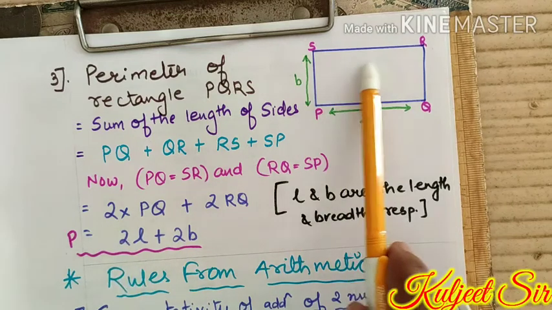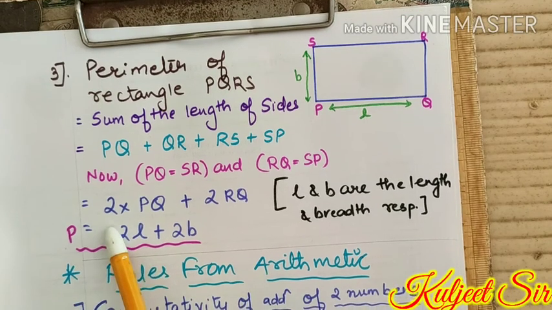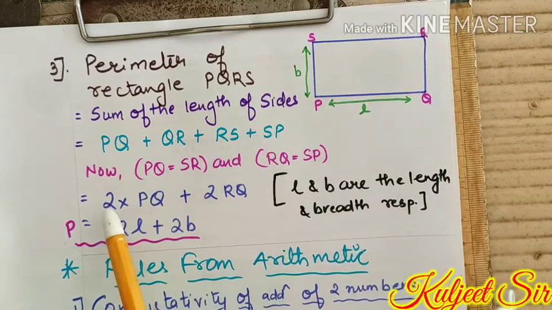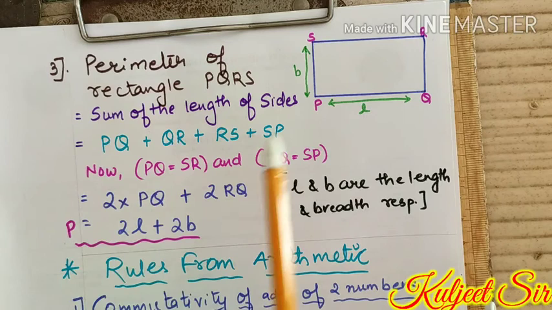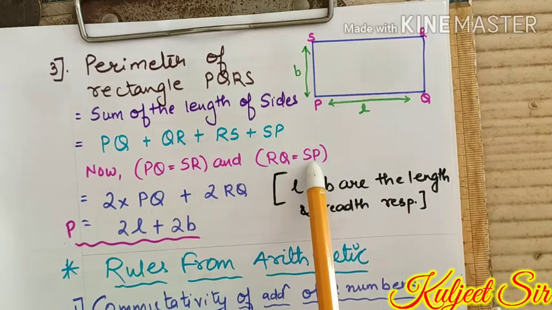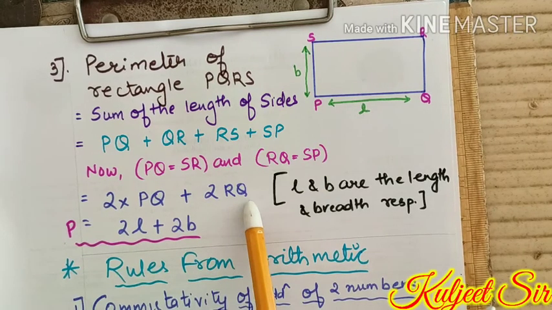So instead of SR, I can take this as 2 multiplied by PQ, because 2 times the length, first one and the second one. So 2 into PQ plus 2 into RQ. RQ is same as SP, so I can take this as 2 RQ, because the breadth is the same.